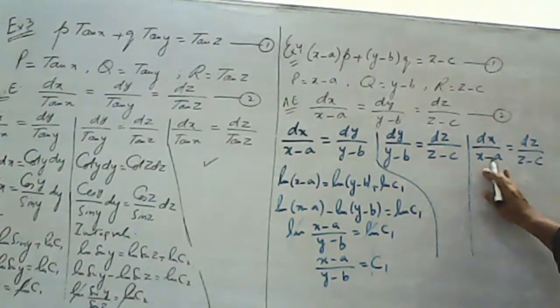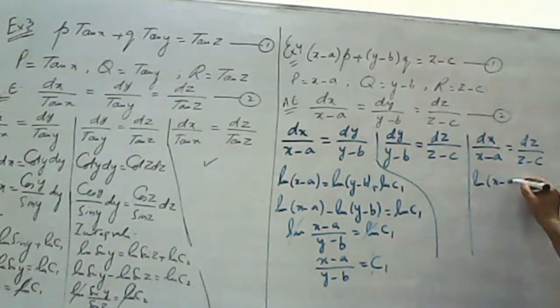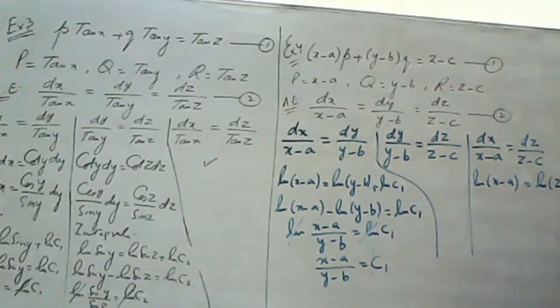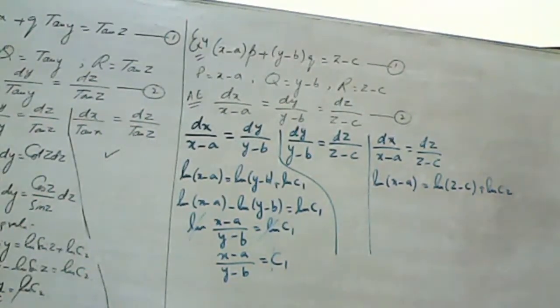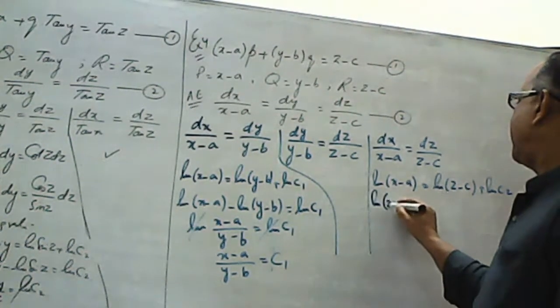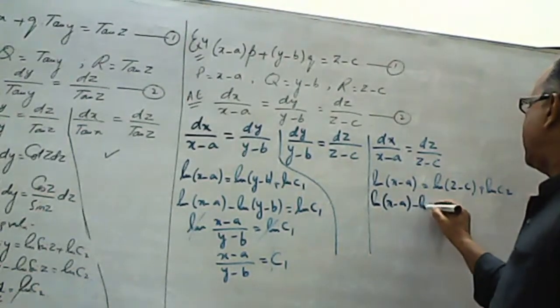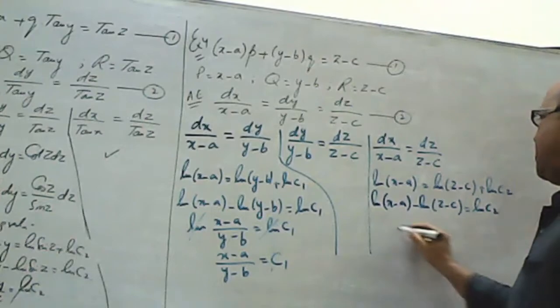And here in this case, log of x minus a equal to log of z minus c plus log of c2. Then simplifying, log of x minus a minus log of z minus c is equal to log of c2.